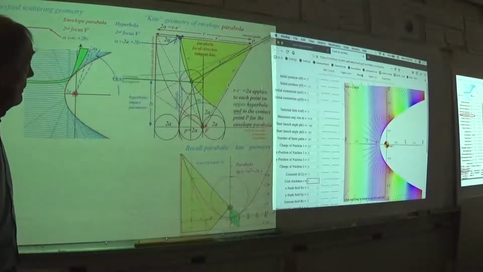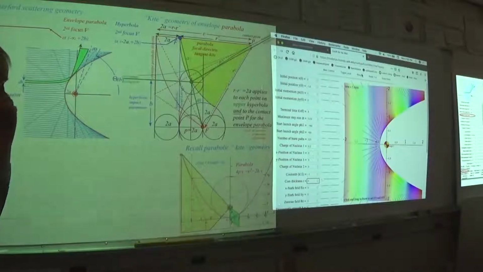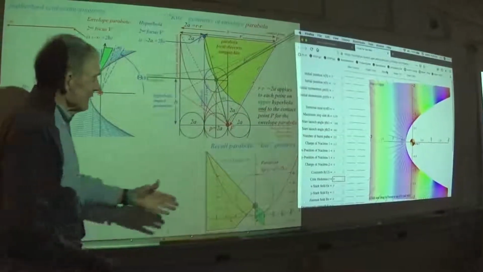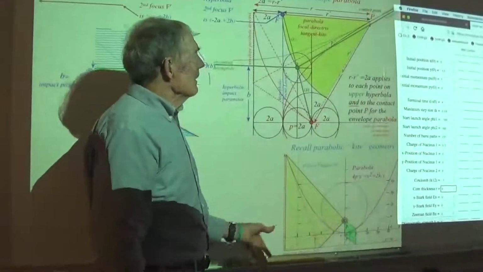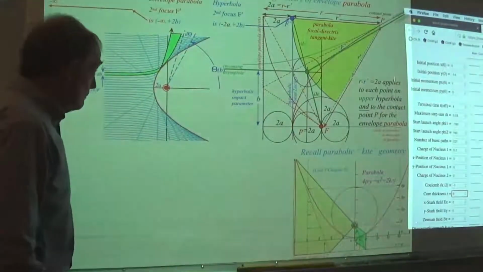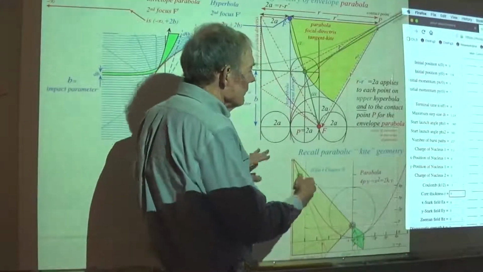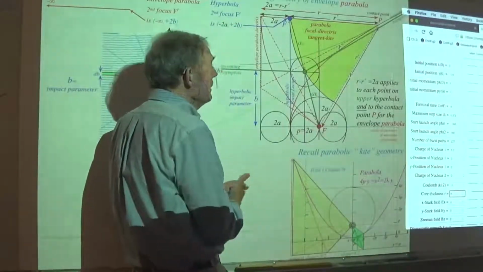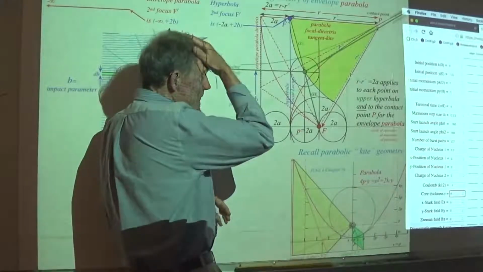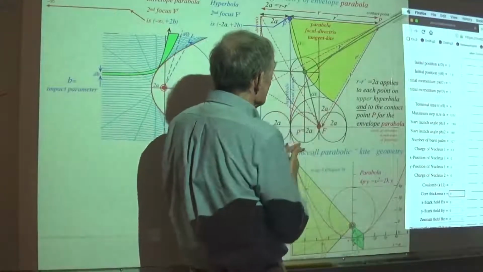Okay, now the analysis of the geometry for this: since we've talked about the kites of a parabola, the kite plays a role here. This came long after I'd written the paper on that, and we still haven't published anything about this little structure that I'm going to show you here.